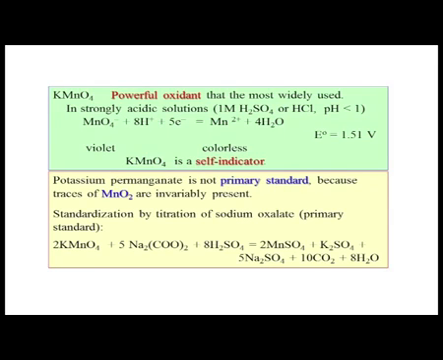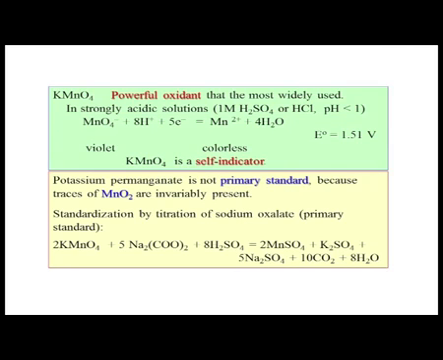So, KMnO4 is a powerful oxidant, which is used quite often in acidic condition. In acidic condition, the half cell reaction between MnO4 minus and Mn2 plus, that means manganese in +7 oxidation state and manganese in the bivalent state, gives a specific E0 value. Permanganate is highly colored because of charge transfer transitions.